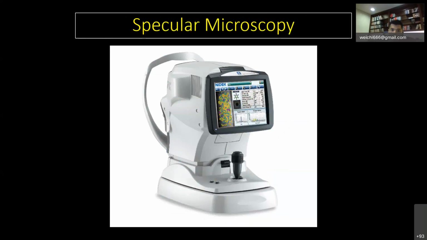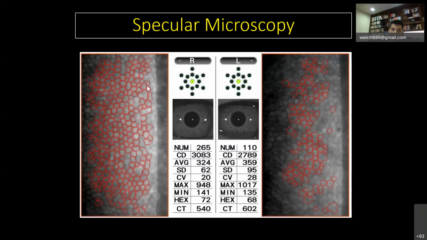Okay. And this is a machine called specular microscopy. This is used mainly to assess the innermost layer of the cornea, called the endothelial cells. You could see that endothelial cells should line up with each other like a honeycomb.